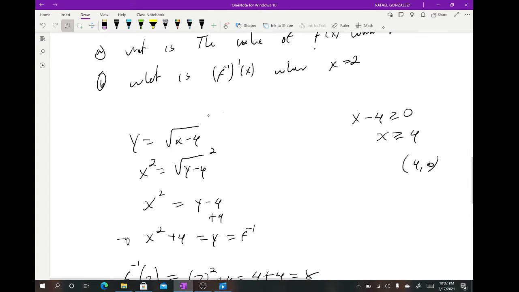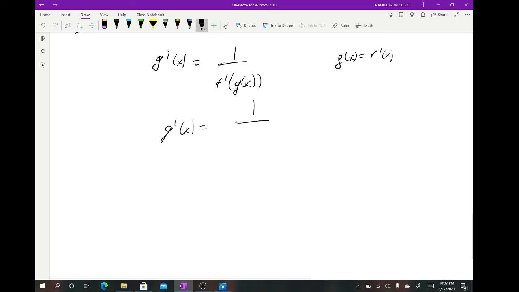Well, f prime is the derivative of y equals square root of x minus 4. So let's figure out what that is. So f of x was given to be radical x minus 4. That means that f prime, by the general power rule, is equal to, and by the way, remember we could rewrite this as x minus 4 to the 1/2.